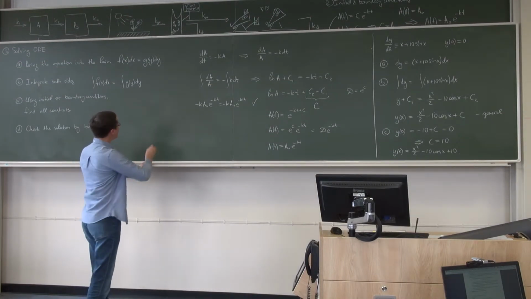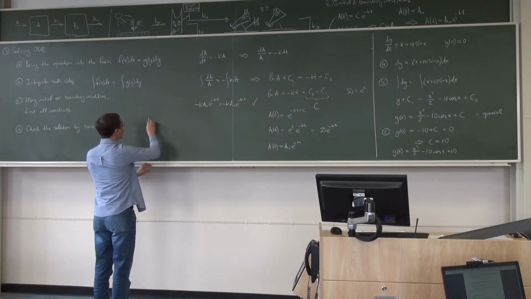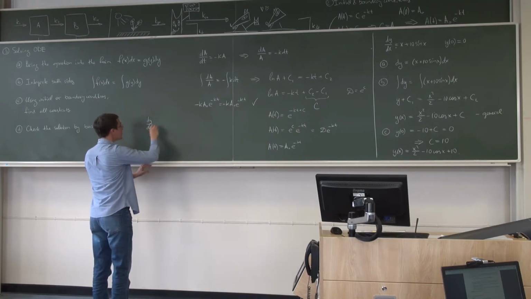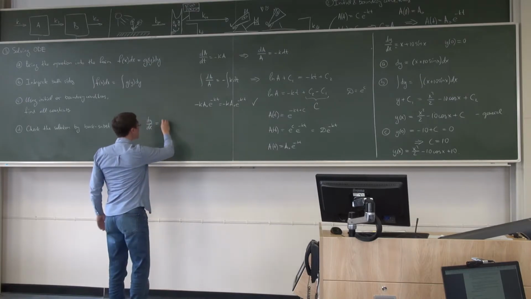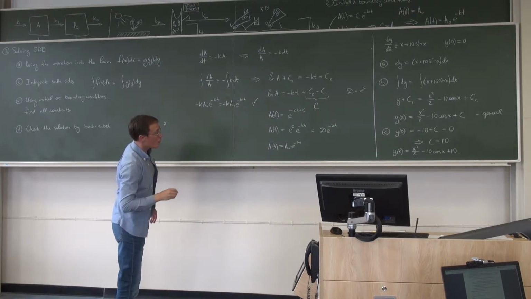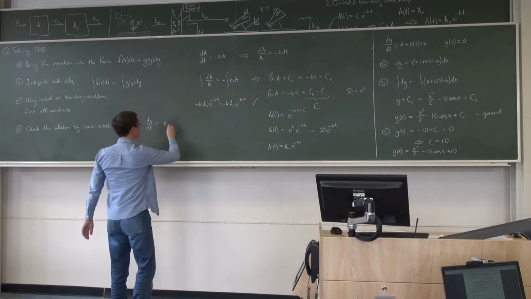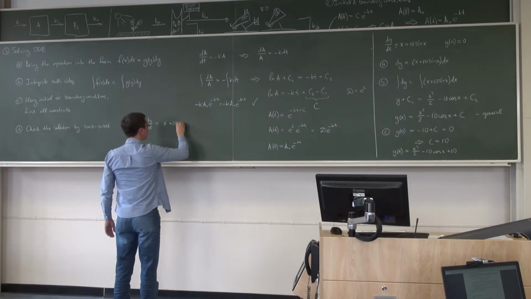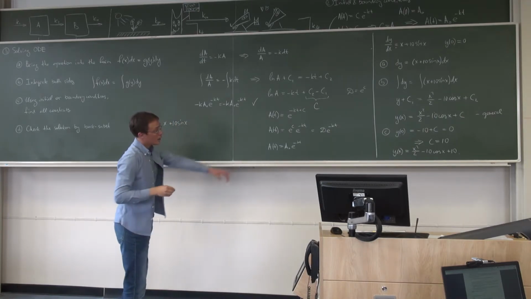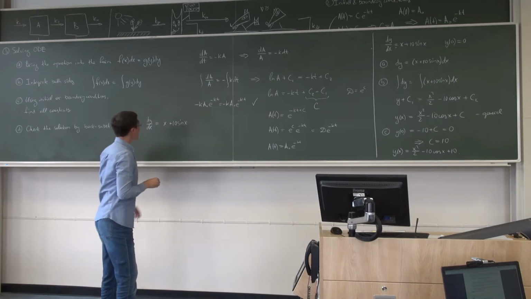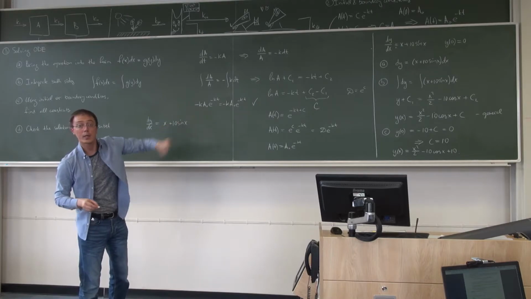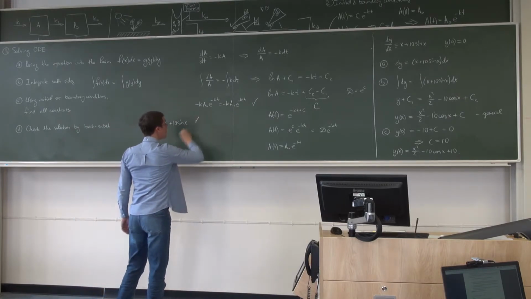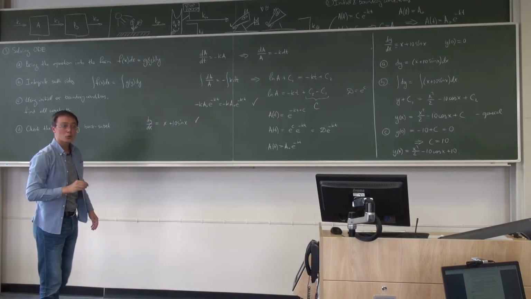So dy by dx from our solution there is x plus 10 sine x. And the constant differentiates to 0, and x plus 10 sine x is actually exactly what we had on the right-hand side of there. So this is indeed the correct solution.